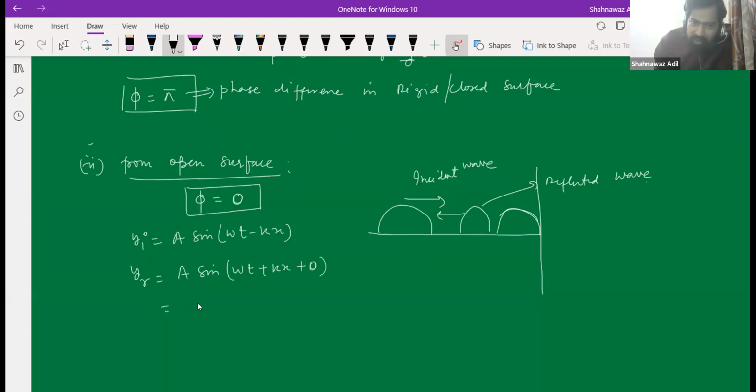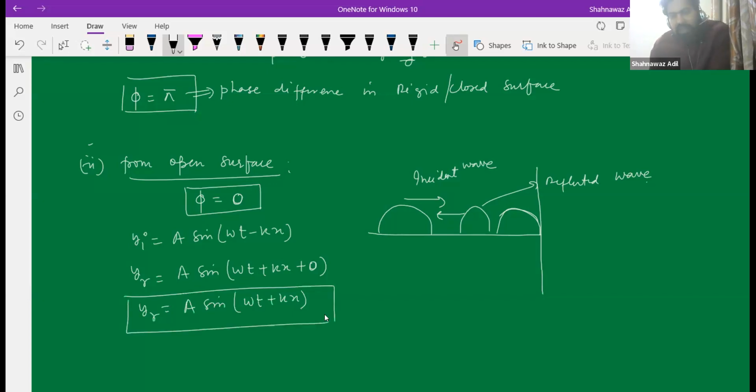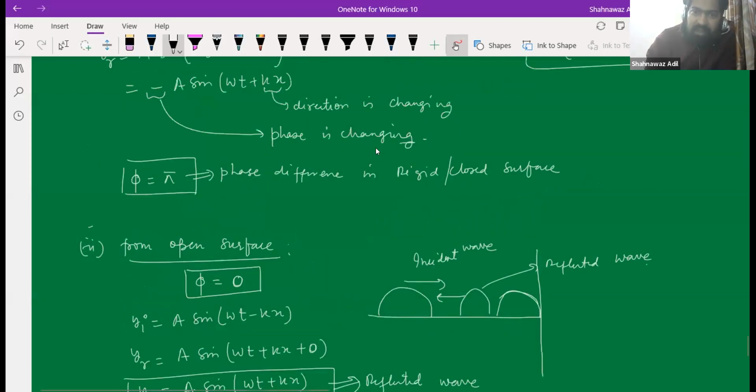This would be simply A sine of omega t plus kx. This is the reflected wave in the open surface, right? So is it clear to you? Are these reflections clear?